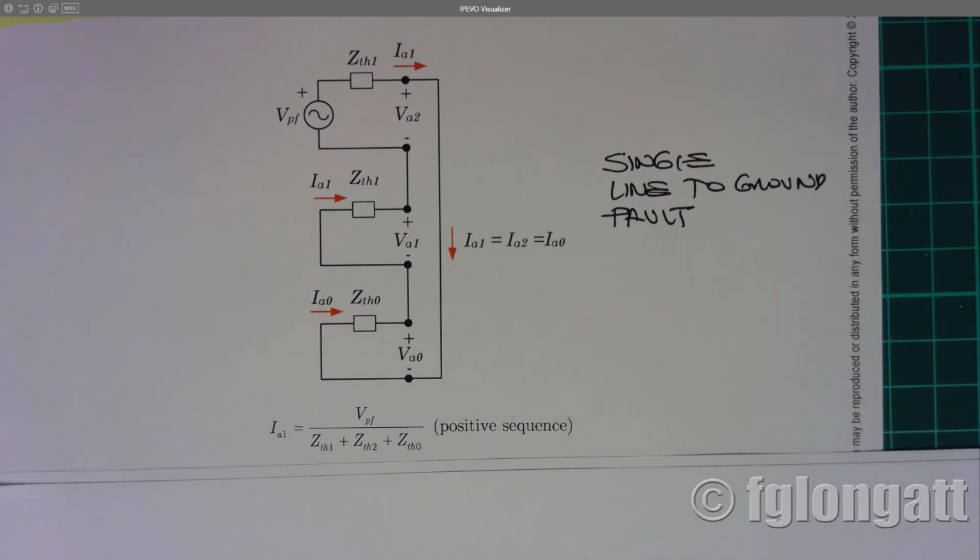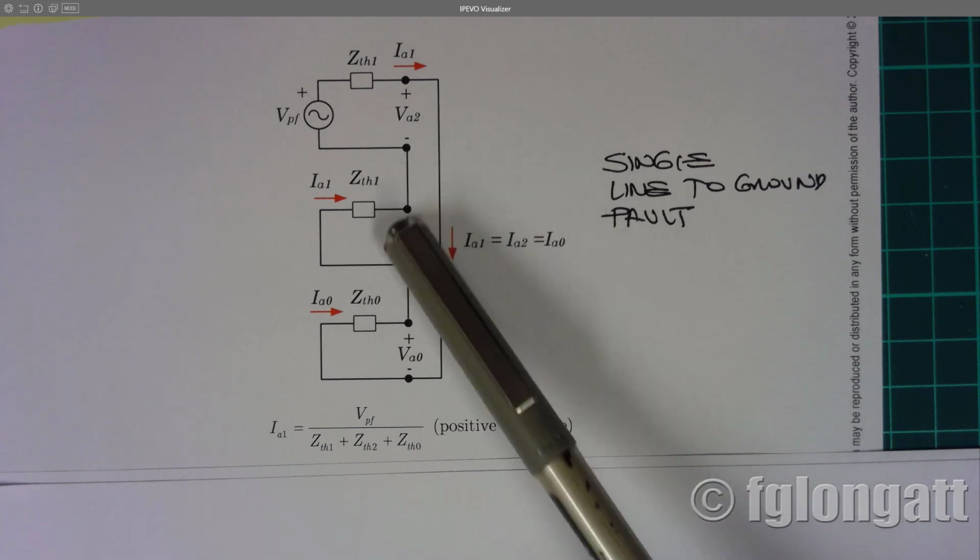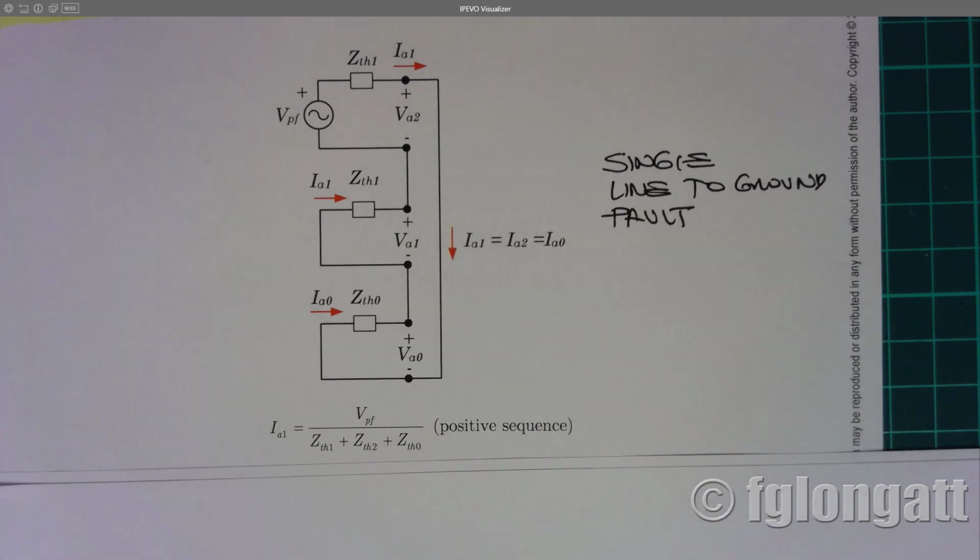If all those sequence networks are in series connection, it's easy to see that the positive, negative, and zero sequence currents are the same. That is a beautiful property of the single line to ground fault: the positive, negative, and zero sequence currents are all the same.